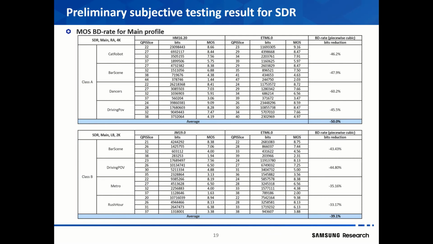Similarly, from the preliminary SDR result, we can roughly say that the EVC codec achieves the same subjective quality as anchors while requiring approximately half the bitrate of anchors.